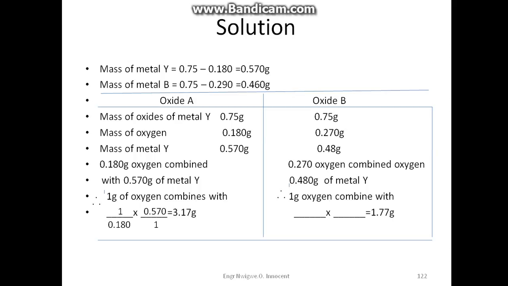0.270 oxygen combined with 0.480 gram of metal Y. 1 gram of oxygen will combine with 1 over 0.270 times 0.480, which will give us 1.77 gram.